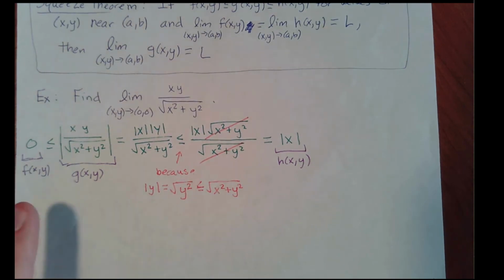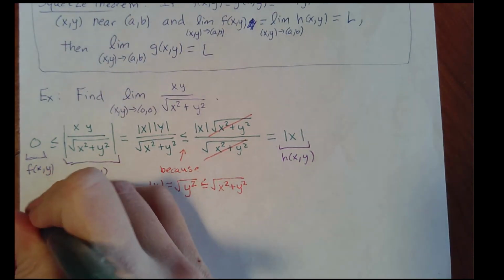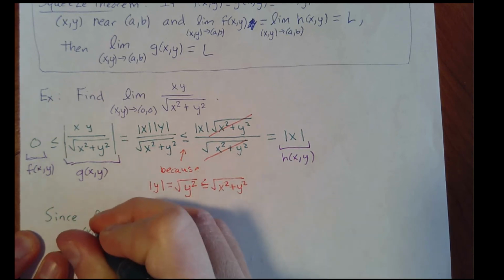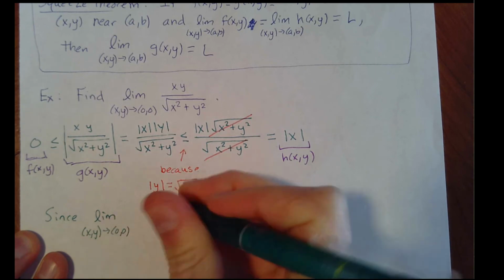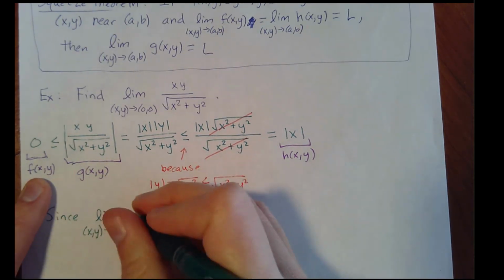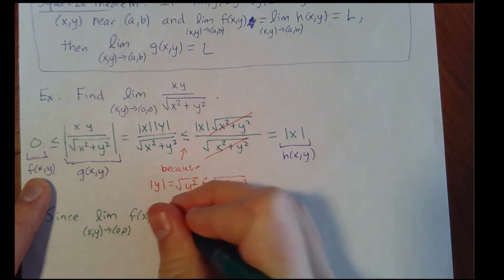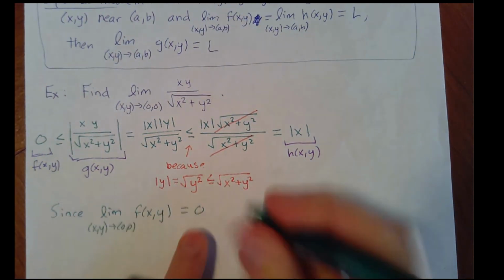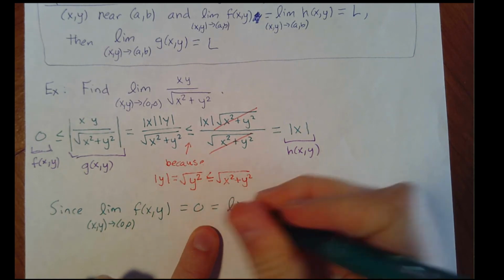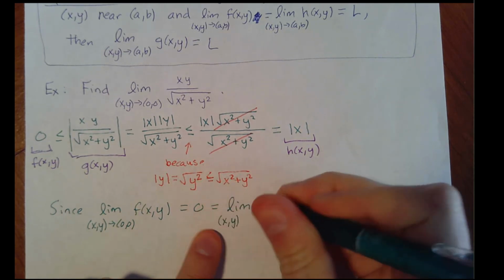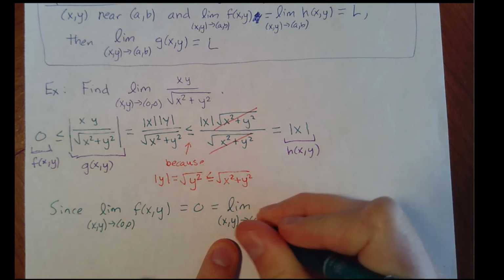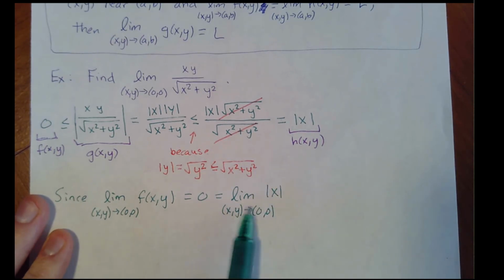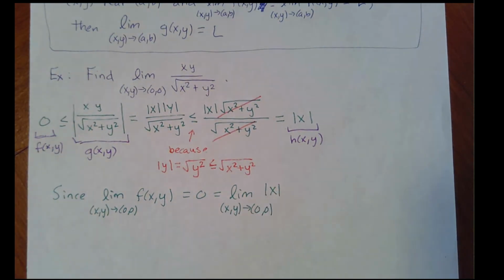Okay, so since the limit as xy approaches 0, 0 of this function is equal to 0, obviously, because the limit of a constant is a constant, so the limit of 0 is 0, and that's also the limit of absolute value of x, because if we let x approach 0, then this just becomes absolute value of 0, which is 0.